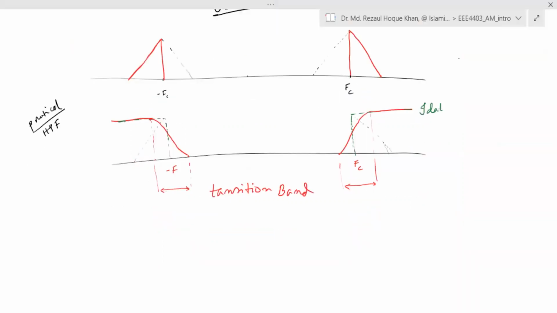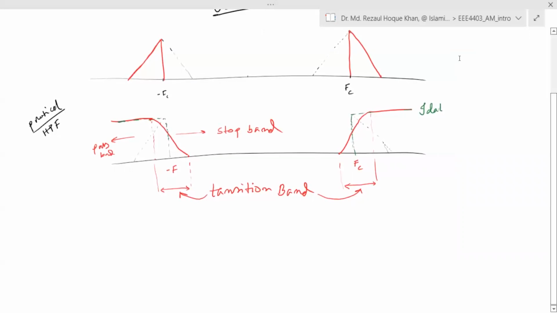Transition of what? Transition from stop band to pass band. This portion is the pass band, and these portions are the stop band. That's why the region in between is called a transition band.